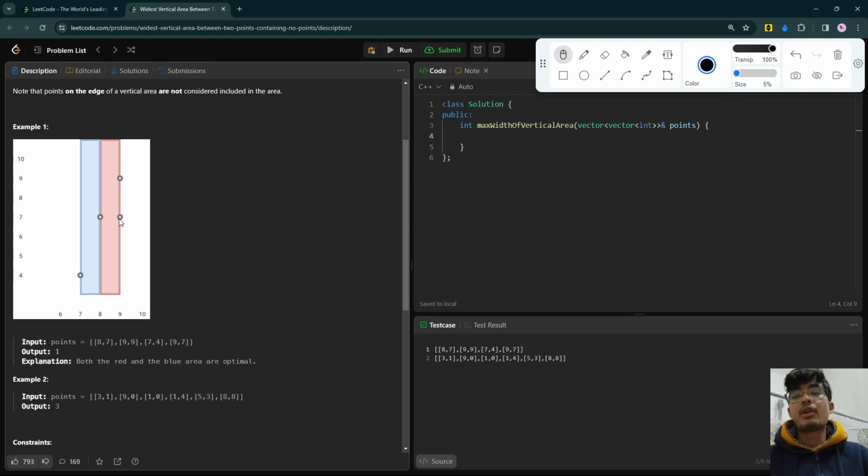The y coordinate doesn't matter here, because between any two points with the same x coordinate, the horizontal distance will always be 0. So the order will be first 7, then 8, then this, then this. Let's first sort.